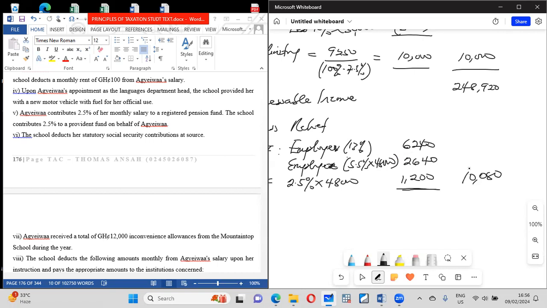So for the Provident Fund, you need to be very, very careful about it. Who is paying the Provident Fund? So that you know what to do.